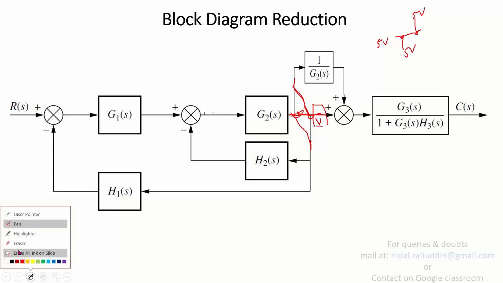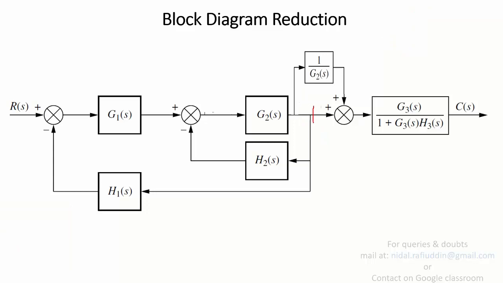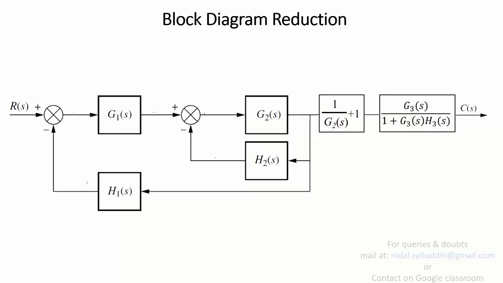So let me make this more clear. We assume this path to have a gain 1. In that case, now you have two blocks. One is 1 upon G2, the other is 1, which are connected in parallel. So they are in parallel arrangement, and thus you can reduce them into this form. Now you get the sum of the two blocks, 1 and 1 upon G2.